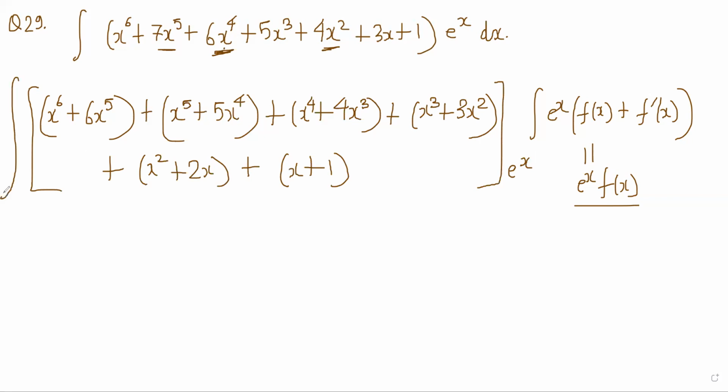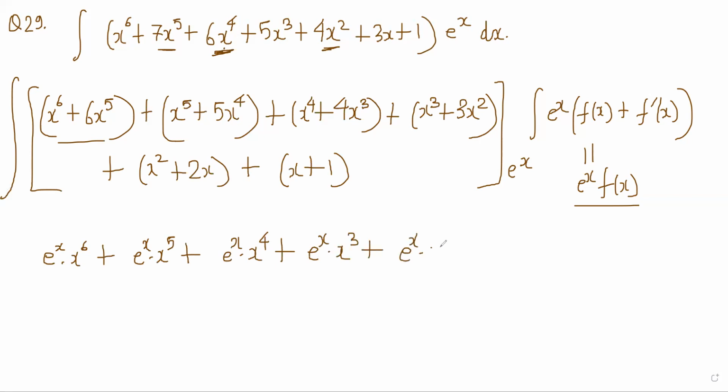So if it is an integral now, each of these can be separated into its separate integral. We'll get e power x into x power 6 for the first, e power x into x power 5 plus e power x into x power 4, e power x into x cube, e power x into x square plus e power x into x, right? So the answer for us is simply e power x, x power 6 plus x power 5.